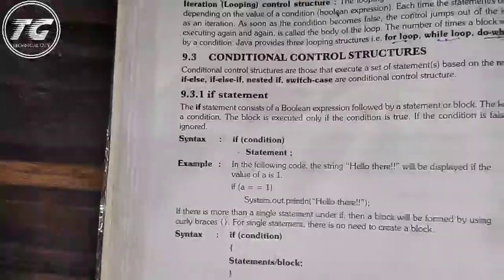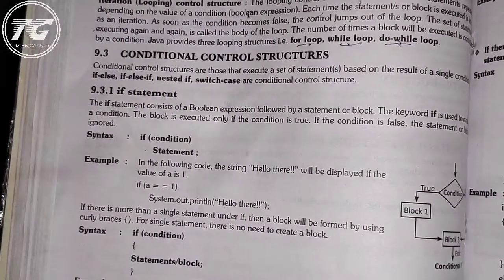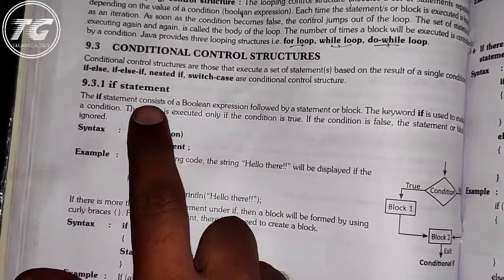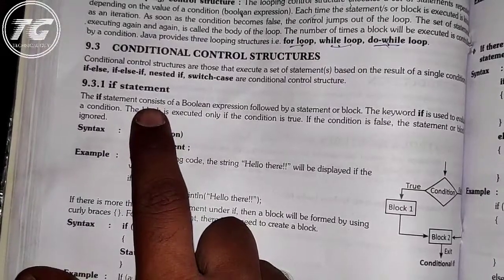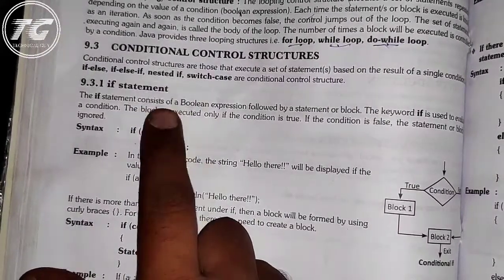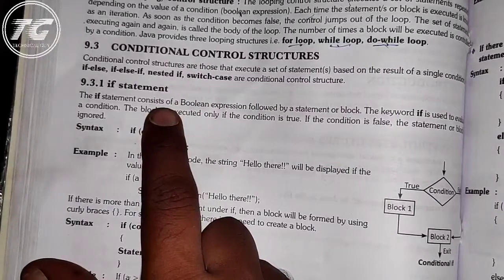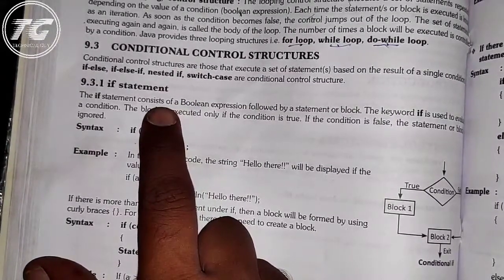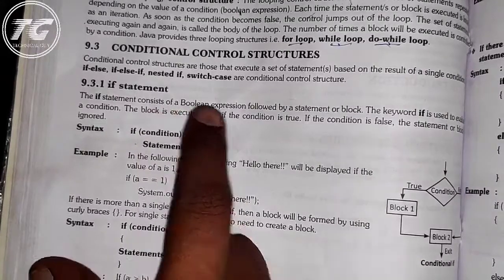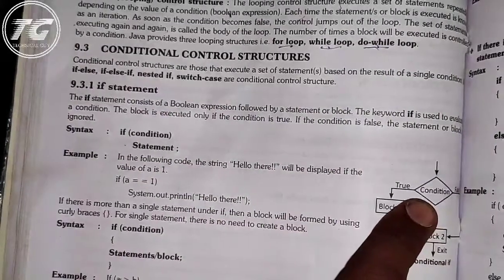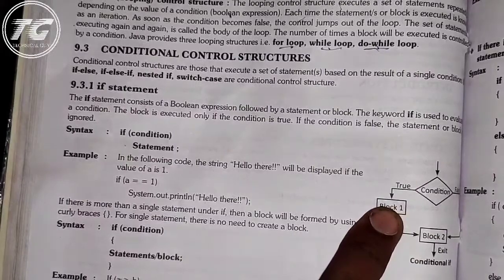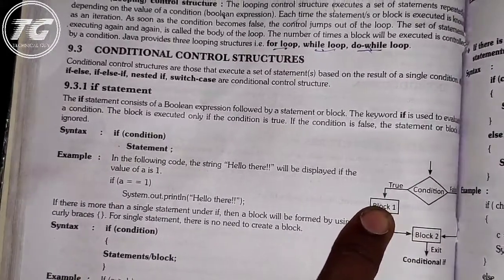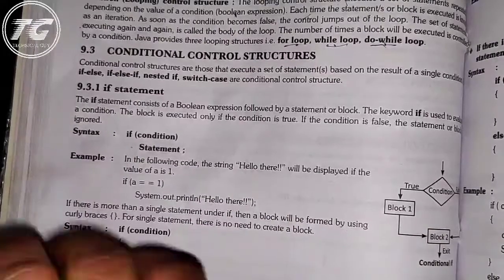Here we have the first statement, called the if statement. If is a statement in Java, and with the help of this statement you can make decisions, like which block you want to execute and which block you do not want to execute based on a condition.